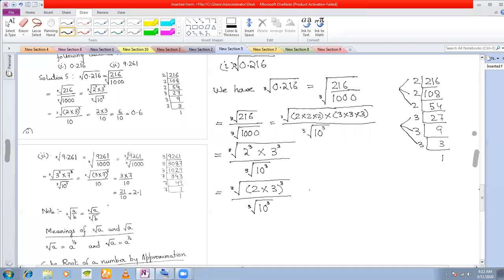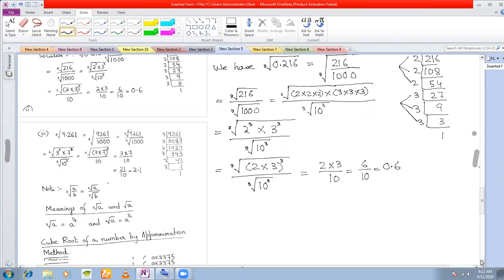Now see, both in the numerator and denominator I have a power 3 with a cube root. So I can remove the radical sign, I can remove the root. So I will only be left with 2 into 3 divided by 10, which will give me 6 by 10, and 6 by 10 is 0.6. Okay, next one.